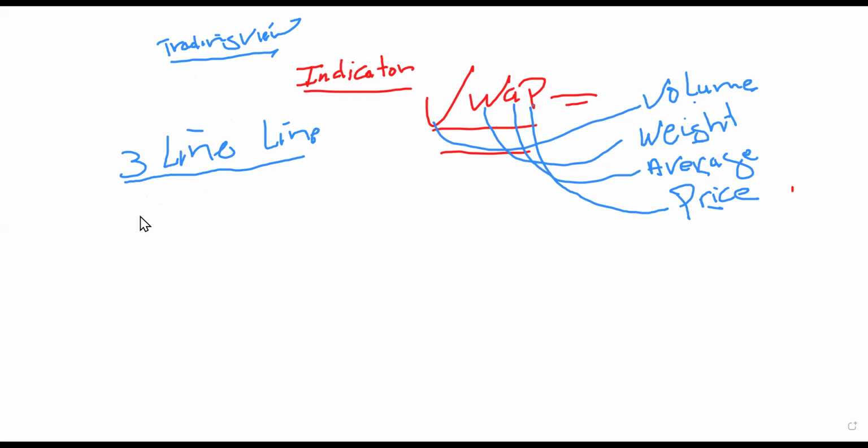Now, VWAP has three lines on it. We're going to call the first line the upper band. We call the second line the main line, or the VWAP line, because we can call it the main one.